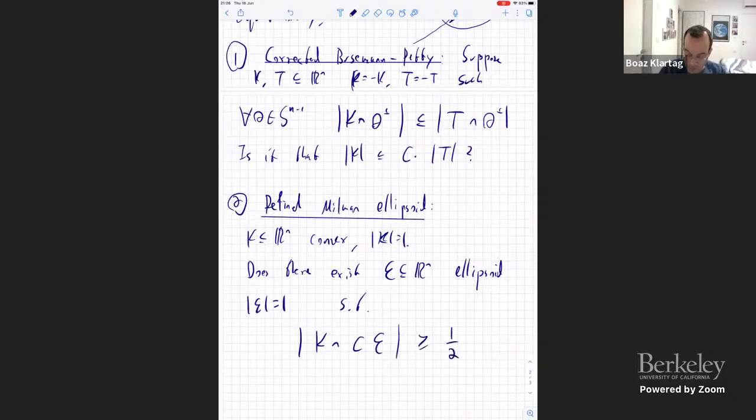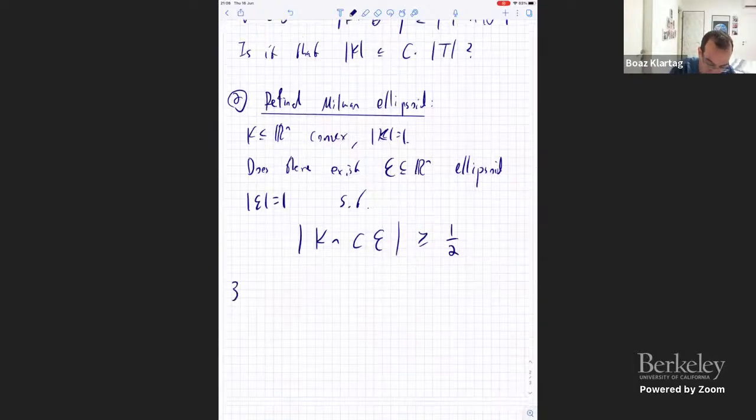Okay, so this is equivalent to the slicing problem. And if you would put here the power 1 over n, then this is true. This is the Milman ellipsoid. But without this power, this is not known. Usually you can capture half of the mass of a convex set in an ellipsoid of roughly the same volume.